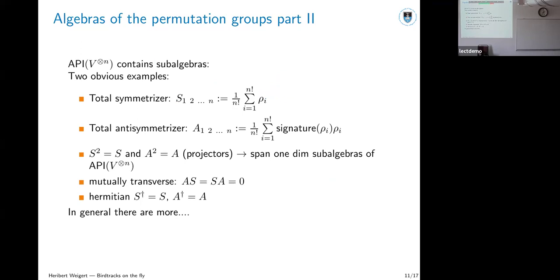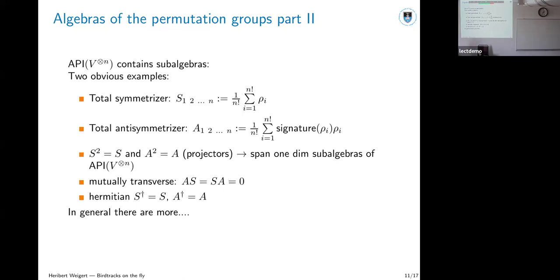And this thing contains subalgebras, as in subspaces that are closed under composition, under multiplying these things together. There are two really obvious ones. One is the total symmetrizer, which is a very simple linear combination.